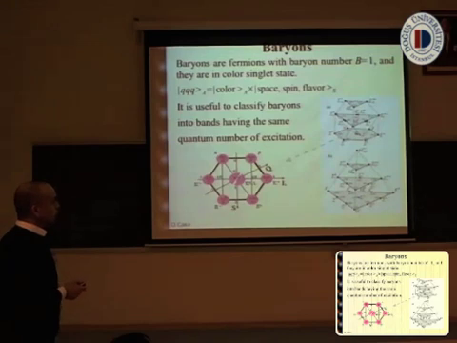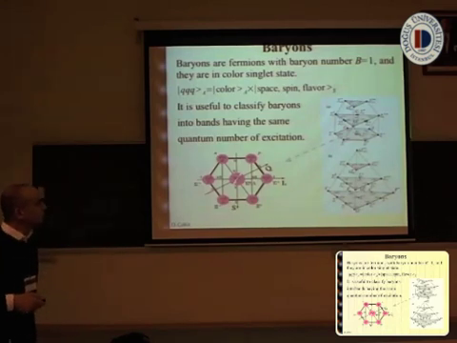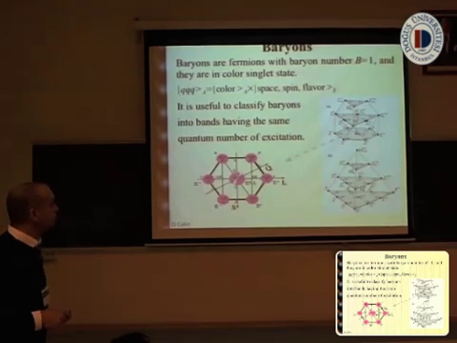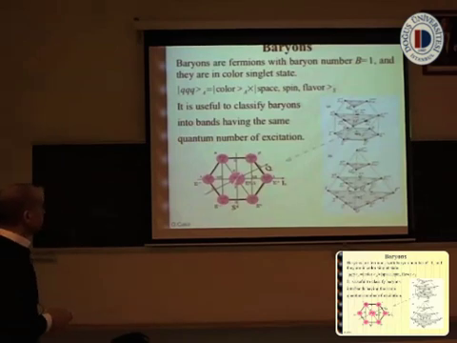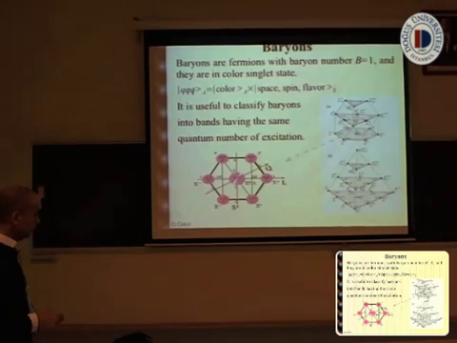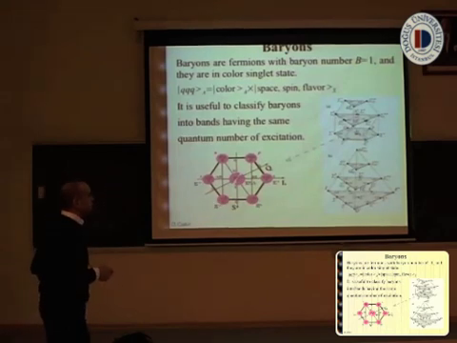It is useful to classify the baryons into bands having the same quantum number of excitation. Here you will see a pyramid-like shape, a triangle, and some other hexagonal shape. In this case, you will have 3 main axes: one of them is the third component of the isospin, another one is the strangeness, and the other one is the electric charge.